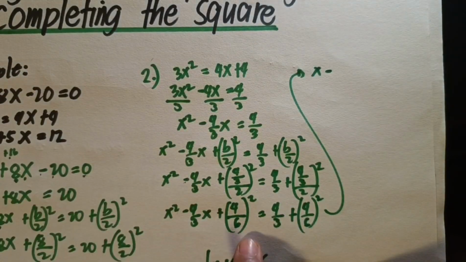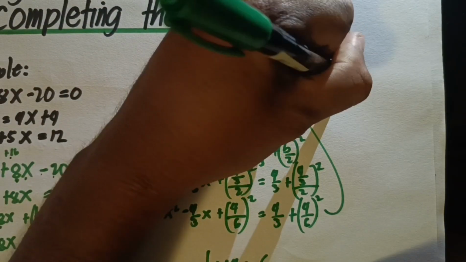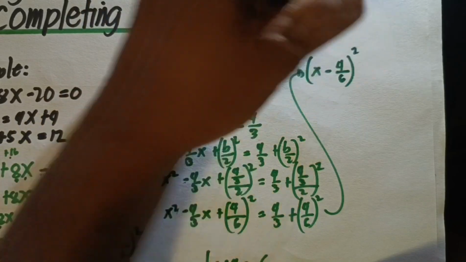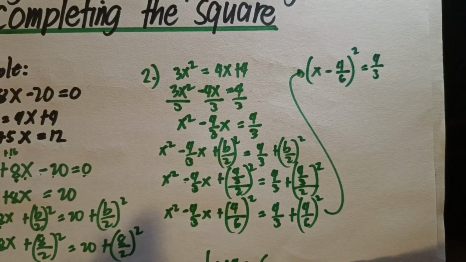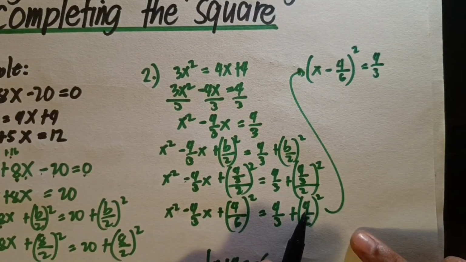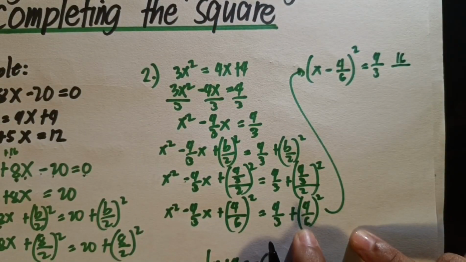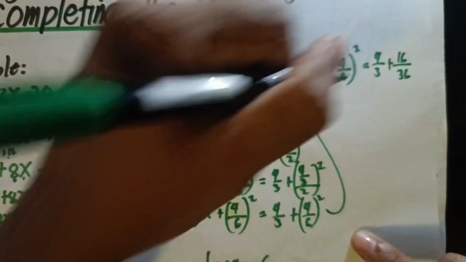Then the square root of the quantity 4 over 6 squared is the same as 4 over 6. Then group it, squared is equal to 4 over 3, and then 4 squared is 16 over 6 squared, which is 36. Then we put plus.